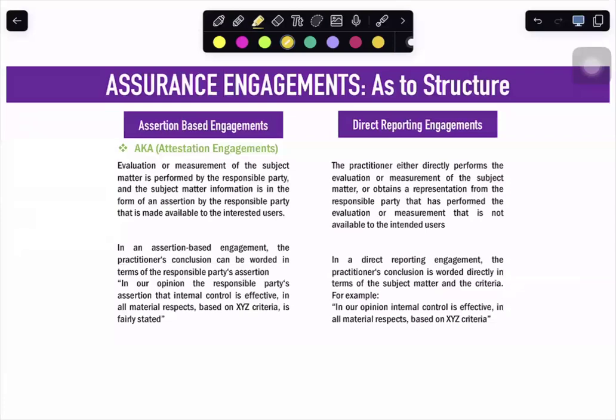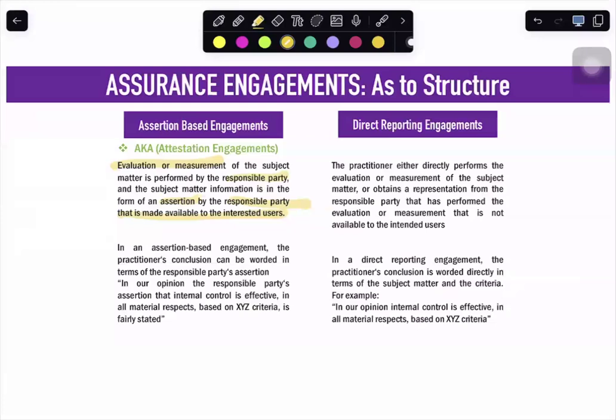So what is the difference between an assertion-based engagement and a direct reporting engagement? First, in an assertion-based engagement, the evaluation or measurement of the subject matter is performed by the responsible party. The subject matter information is in the form of an assertion by the responsible party that is made available to the intended users. So in an assertion-based engagement, the practitioner's conclusion can be worded in terms of the responsible party's assertion.